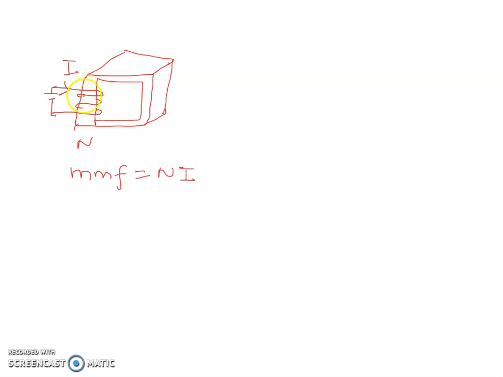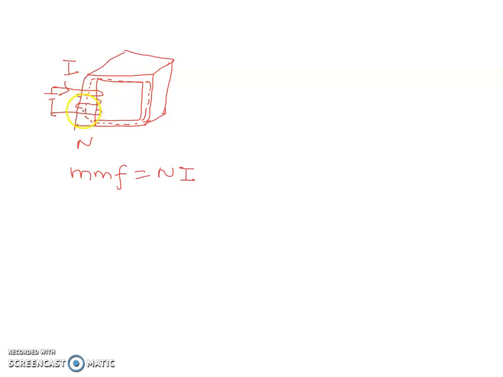Magnetic flux will be created around the coil. This flux will take a path through the center of the core. This space is the air. It is the free space.